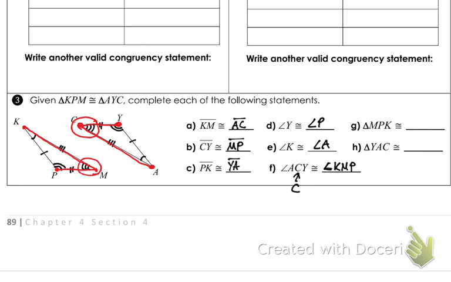Now we'll notice the next ones are triangles. Triangles, everything must match up. Angles are different than triangles. An angle is what's in red. What's in black is the whole triangle. So if I say MPK, you have to make sure every vertex matches. So M will go with C. P goes with Y. And finally, K goes with A. So it's triangle CYA.